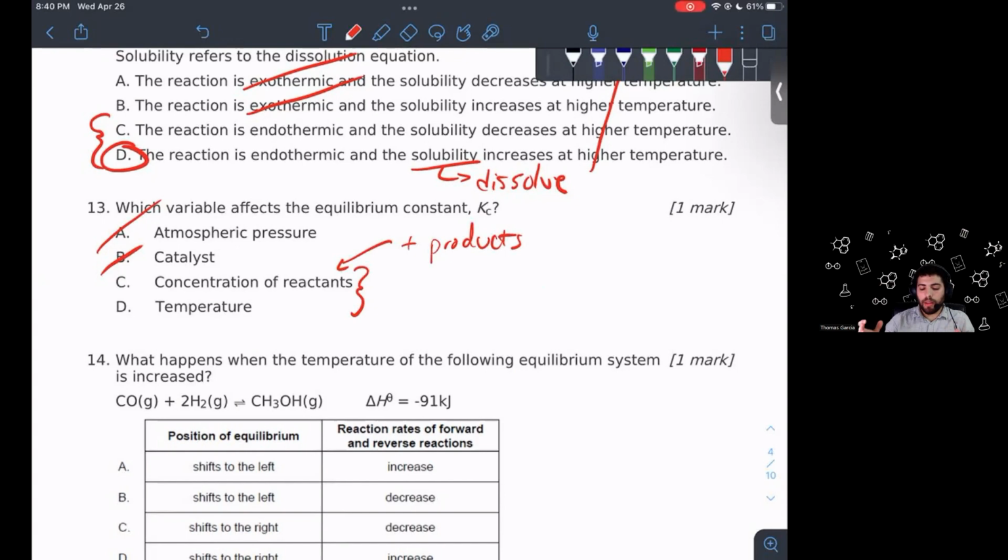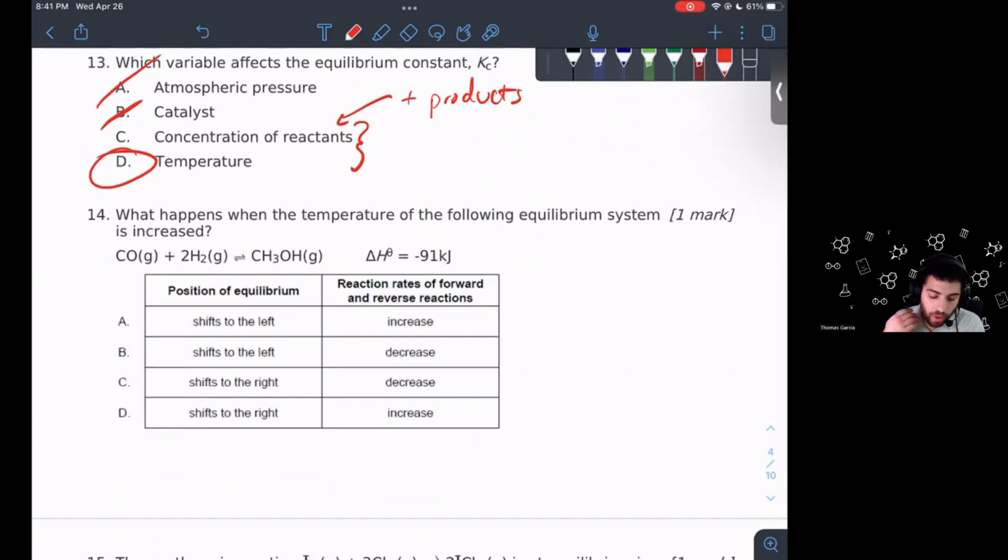So the concentration of reactants and the products don't necessarily change the equilibrium constant, because the equilibrium constant is a thing that exists. And so as we add more reactants, then it'll turn into products. And once it reaches equilibrium, the overall Kc is going to be exactly the same. So it's got to be temperature. Big one.